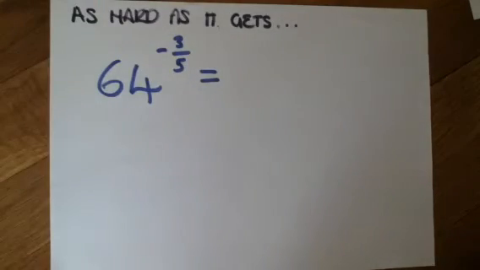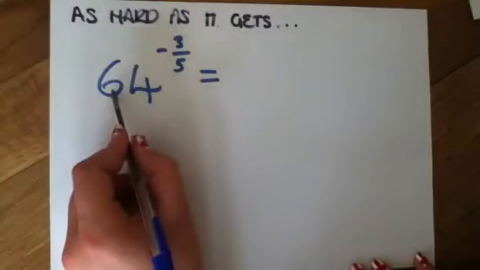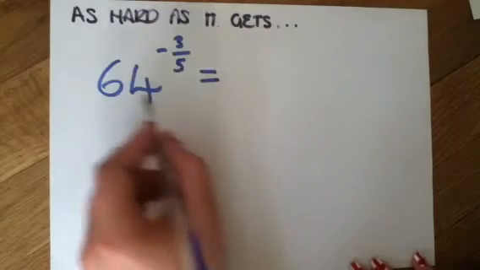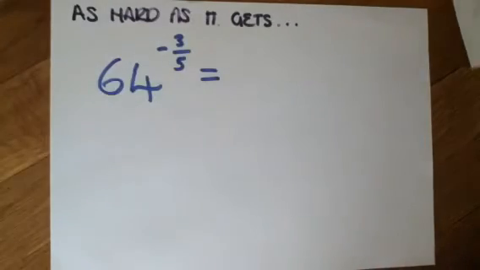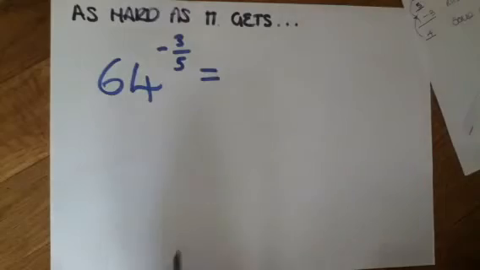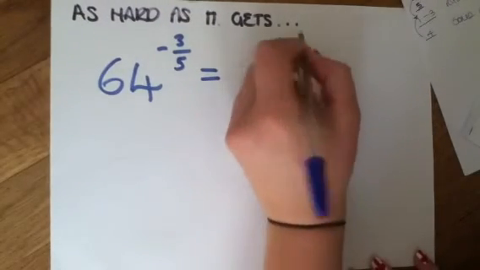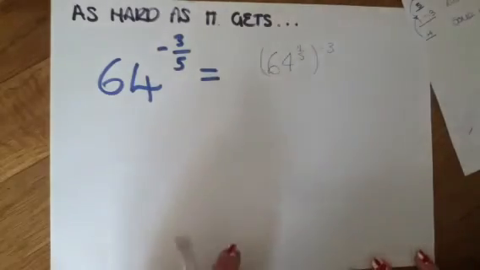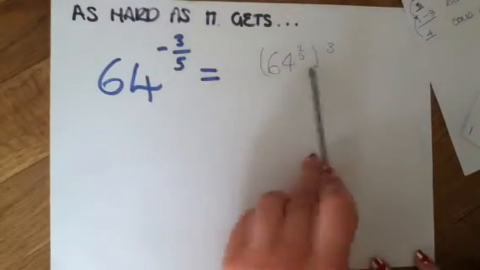So we're going to finish off with an example, and this is as hard as it gets. 64 to the minus 3/5. In this situation, we can look at 64 to the 1/5, all raised to the minus 3. What we've done is use the rule that allows us to split this up.